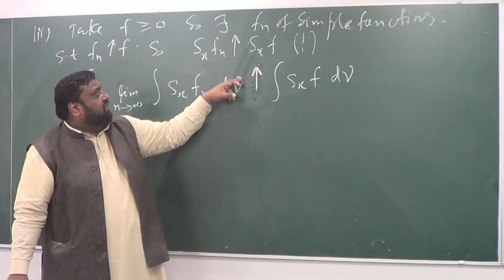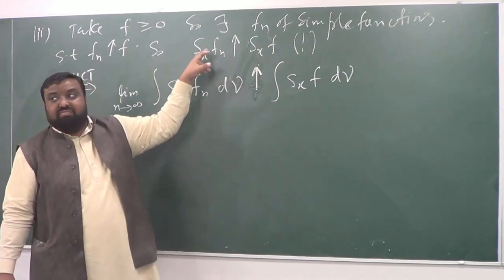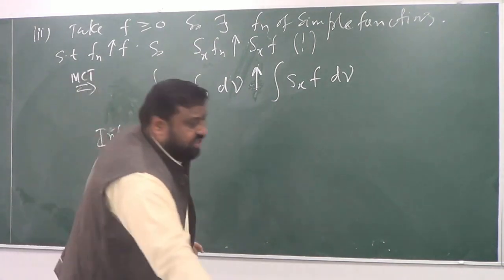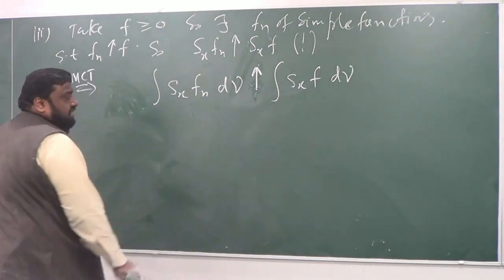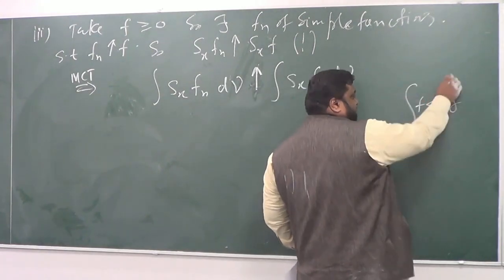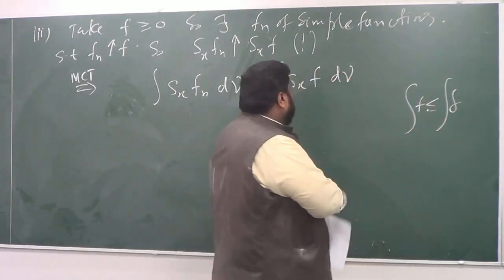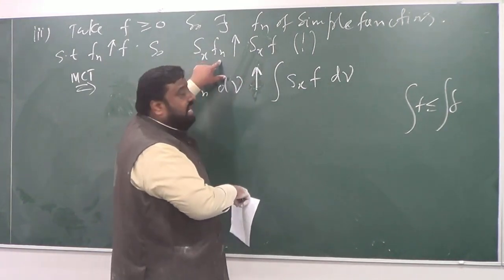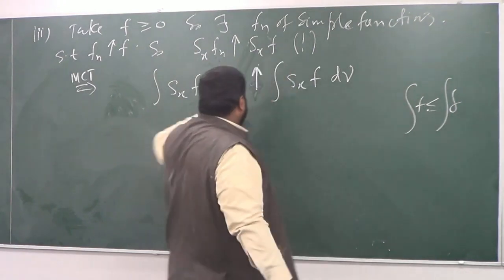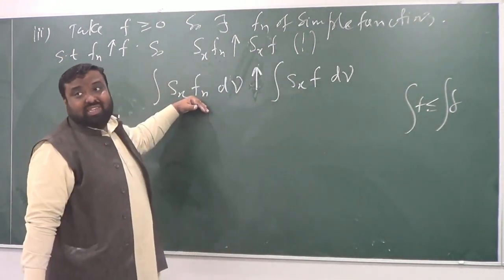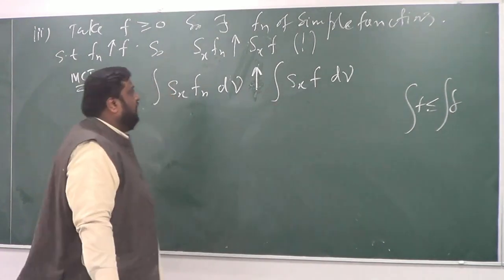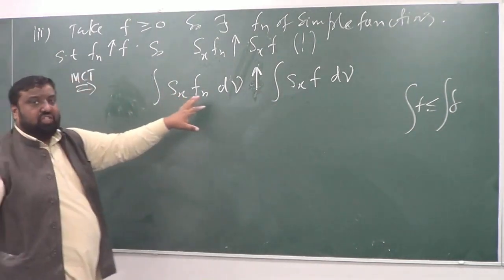So this sequence of integrals is non-decreasing and it's increasing to the limit. Why would this be the case? Because you have this result: if f is less than or equal to g, then the integral of f is less than or equal to the integral of g. So if you have an inequality in this sequence, then you can just integrate it. So you have this increasing sequence. Okay? So by the monotone convergence theorem, this must be true.